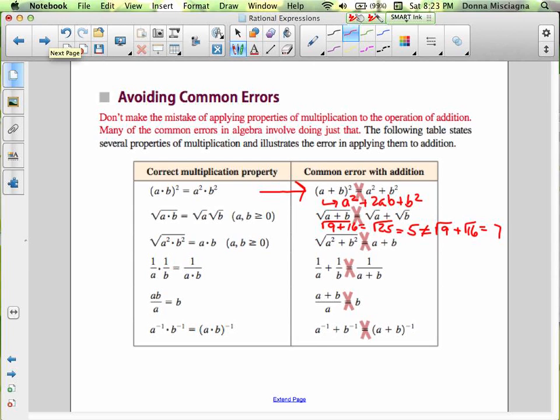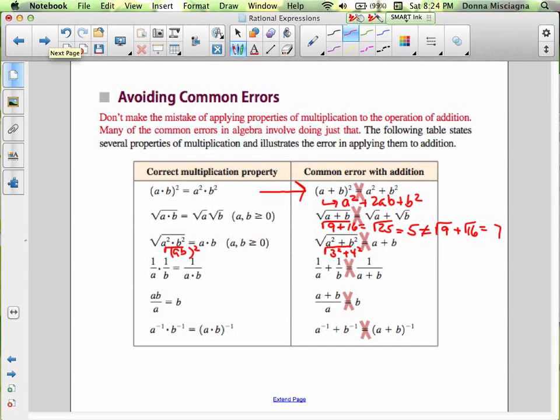Let's look at the next one. If we have the square root of a squared times b squared, the square and square root cancel, because this would be the same as the square root of (ab) all squared. However, it's not the same if you have perfect squares added. That is not true, and we can see that if we take 3 squared plus 4 squared.